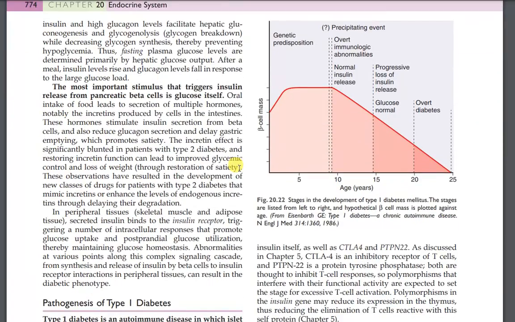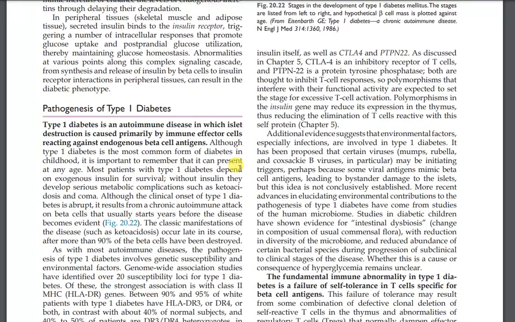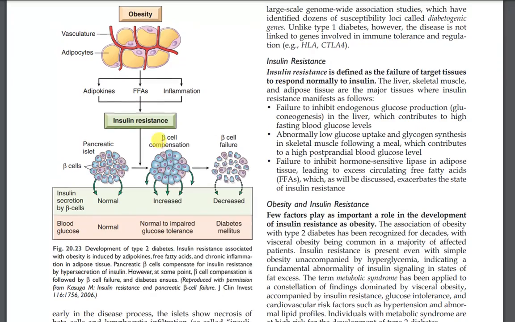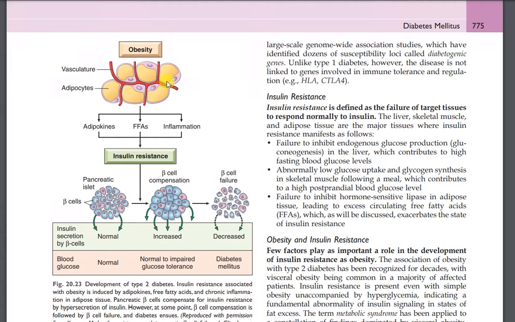I already explained the general pathogenesis of this. In case of obesity, hypertrophy of beta cells happens, which causes increased production of insulin, and then normal or impaired glucose tolerance happens here.